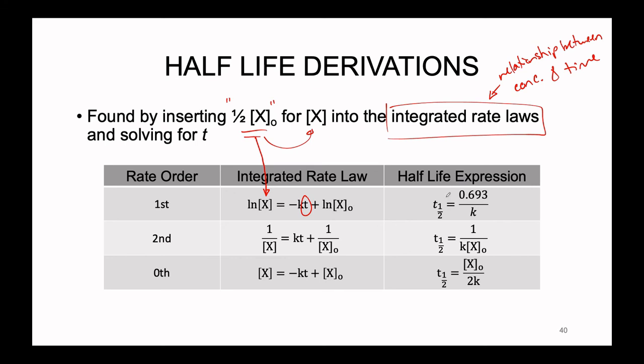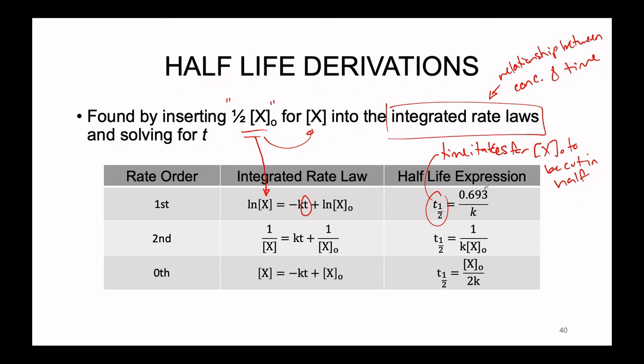So we can see the half-life expression, or the equation representing the amount of time that it takes for initial concentration to be cut in half, again, for a first order reaction, since that's what this first row here represents, is equal to 0.693 all divided by k.